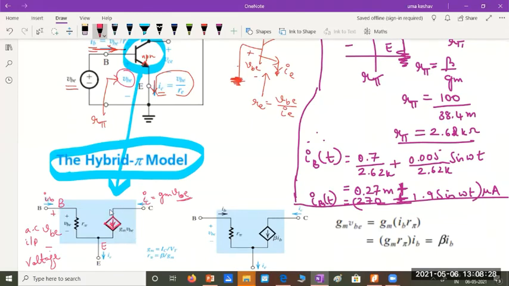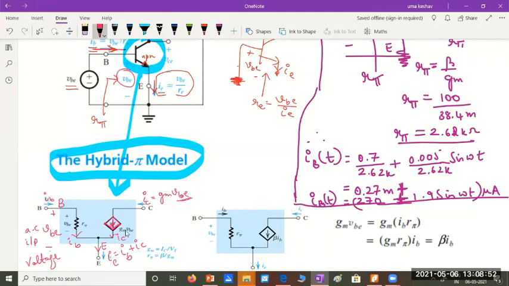So IC is equal to GM VBE. Now, if you actually measure the current here, what should be the current in the emitter terminal? IE is IB plus IC. IB comes here from base to emitter, IC is coming here. So the sum of these two should give you IE.